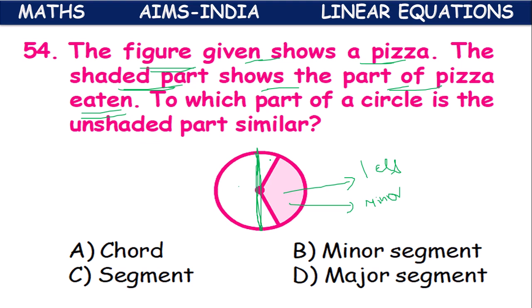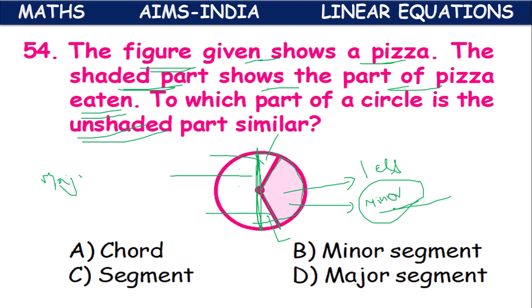This total is half part, out of which only this part is eaten and this part is still remaining. So the pizza eaten is a minor segment. If the eaten part belongs to the minor segment, then the unshaded part including this part will be known as the major segment.